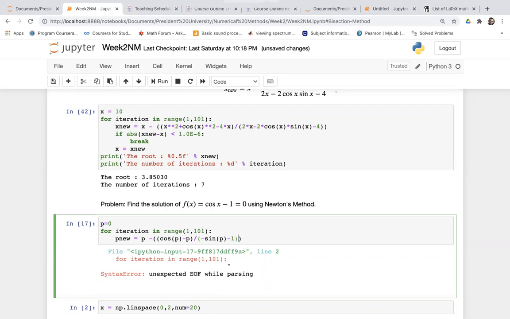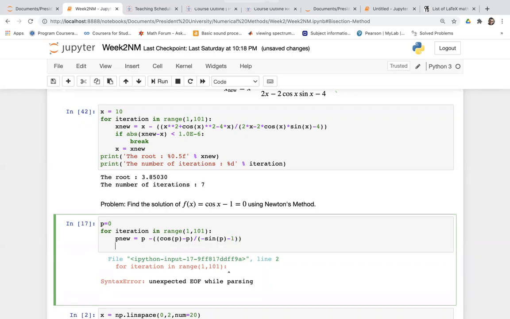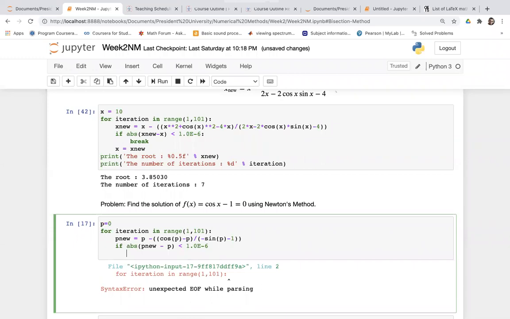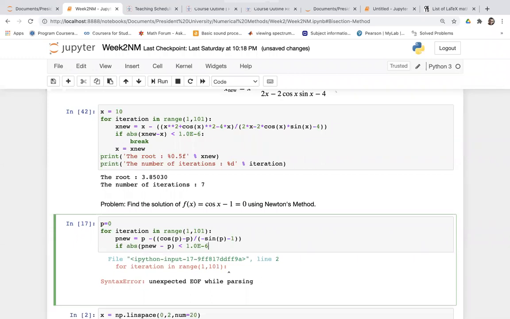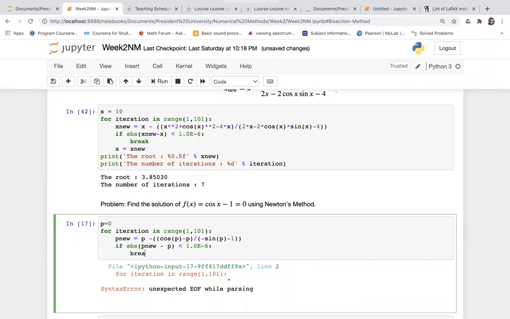And then let us give the tolerance: if the absolute value of p new minus the old one is less than 1.0e power minus 6, it means 0.000001, there are 5 zeros after the decimal point. Break. Forgot the colon. Break.